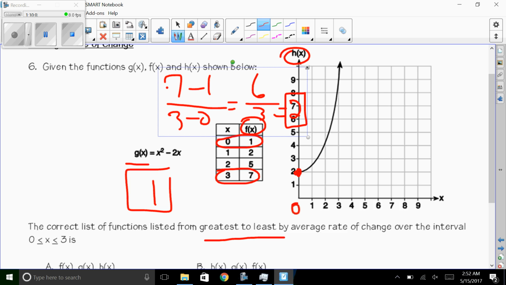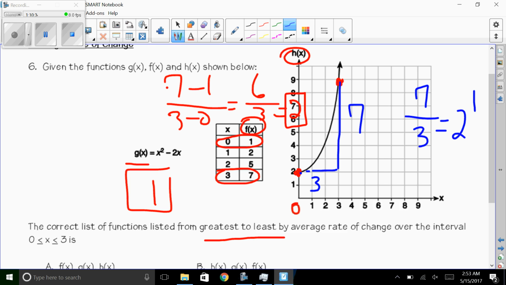So where's the graph? It's there. Then I go over to 3, find the point on the graph that correlates with that. Alright, now I'm going to find the slope of that line, which is rise over run. So the run is 3. The rise is 2 to 9, which is 7. So rise over run, as a mixed fraction, that would be 2 1/3.